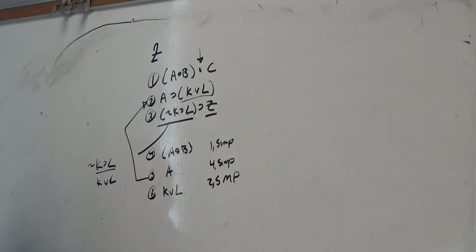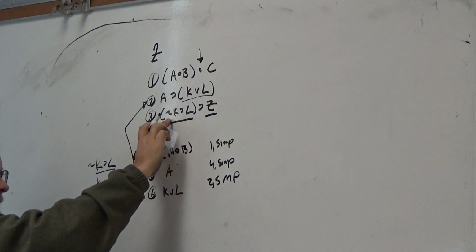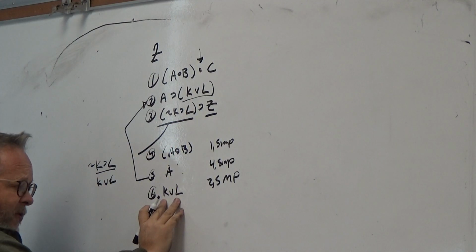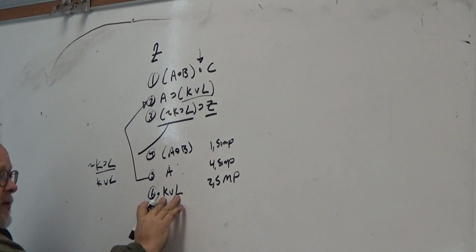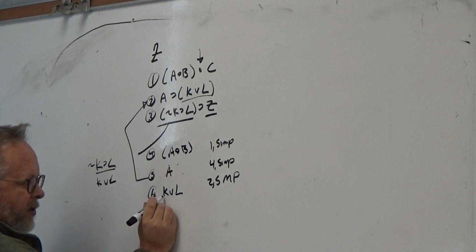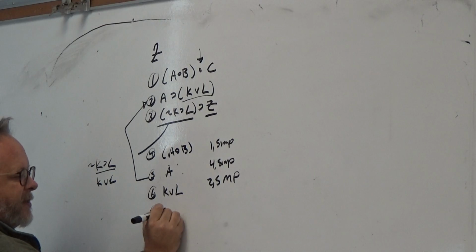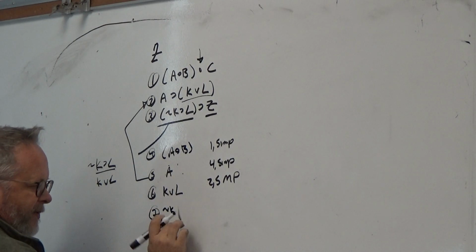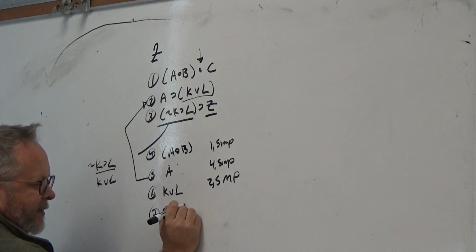K or L from 2 and 5 by modus ponens. And I need not K then L. This is an or, and ors can be converted into if-thens. And what happens when you do? The K changes its sign to not K, and the or changes to a then, and L stays the same.